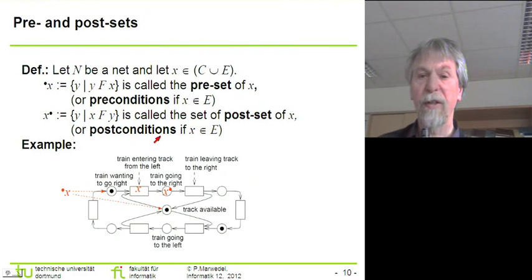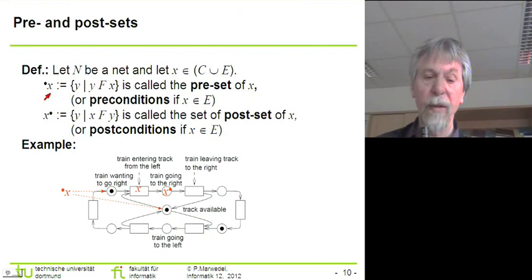Now, next, I'd like to introduce a term that we have already implicitly used during our examples. I'd like to introduce the terms preset and postset. Let N be a net and let x denote either a condition or an event. In most of the cases, x will denote an event, but the definition is phrased in such a way that x could also denote a condition.